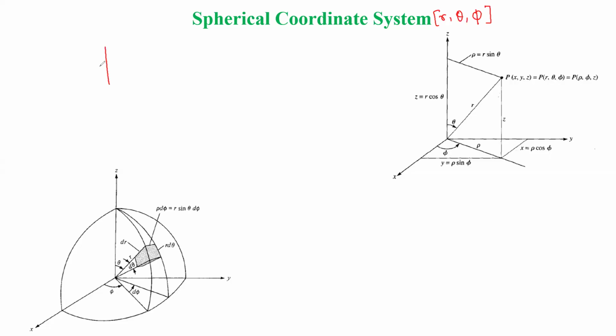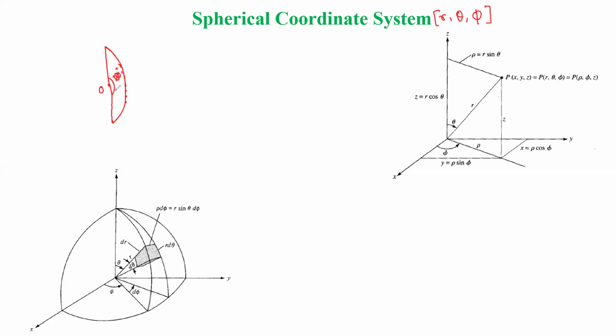Now, if you rotate this line, keeping the origin or center fixed, finally it forms one semicircle. So on this semicircle, what will be the maximum angle?